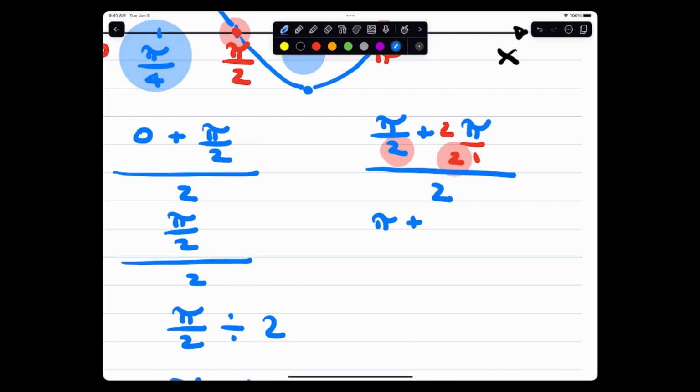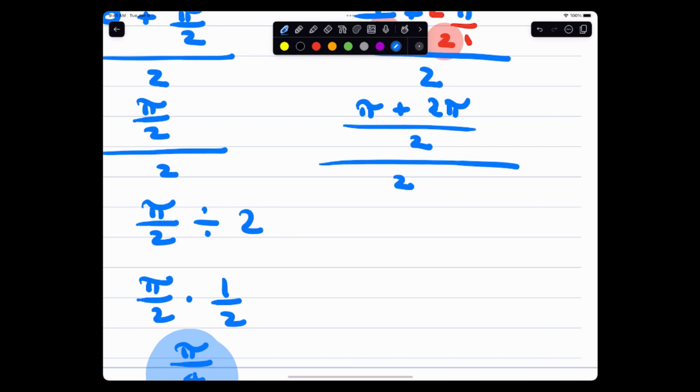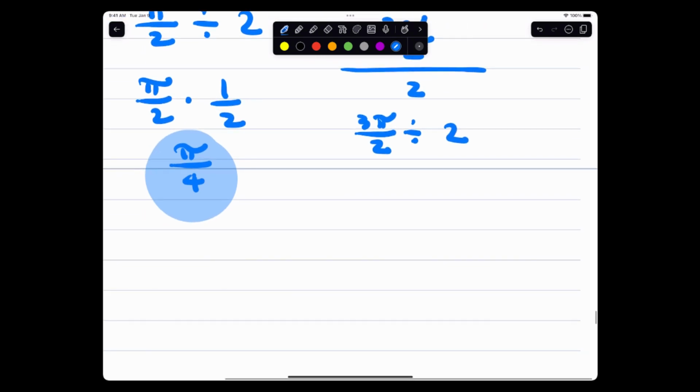Pi plus what? 2 pi over 2, divided by 2. And what does that numerator give you? What's pi plus 2 pi? This is 3 pi over 2 divided by 2. And you're going to get what? 3 pi over 2 divided by 2, which will be 3 pi over 2 times 1/2.